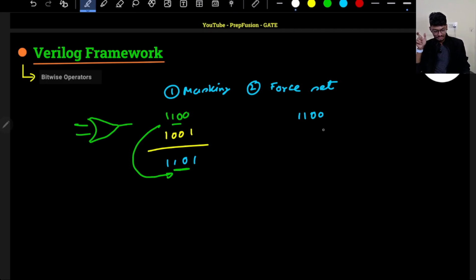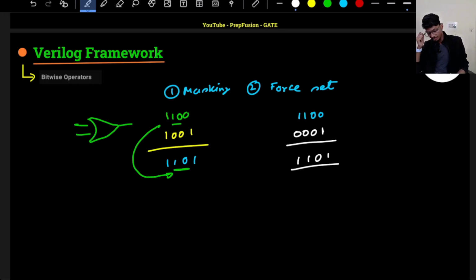If I want to set the LSB, I will make the LSB 1 and all the other bits 0. So it will retain the previous information, just the LSB will be set to 1. So now it will be 1 1 0 1. Okay, so the LSB will be set to 1. That's basically what a bitwise OR does.